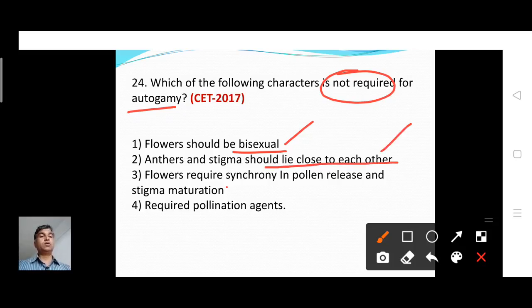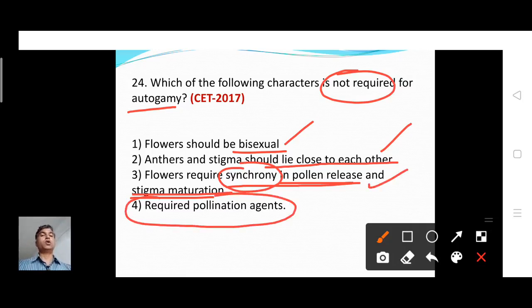Flowers require synchrony in pollen release and stigma receptivity. The textbook clearly gives the word synchrony: when pollen is released, the stigma must be receptive. This condition is a must, then only autogamy takes place. Requires a pollinating agent? No, this is not required. Autogamy means self-pollination within a flower. Pollinating agents are not required.